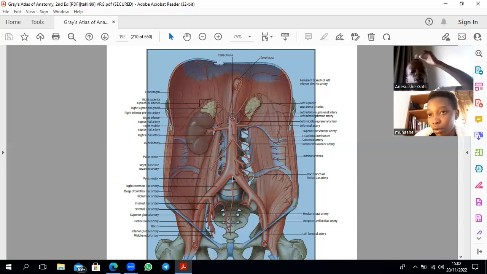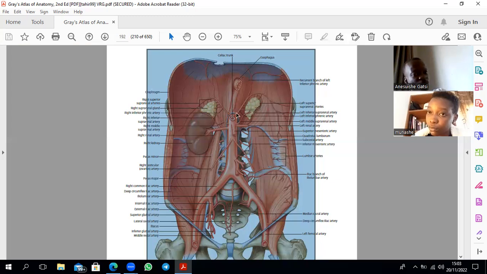So the central one, we call it median sacral artery. Those common iliacs, we'll describe them when we go down to pelvis and lower limb, because they'll be going to specifics. Okay. Back to the aorta.